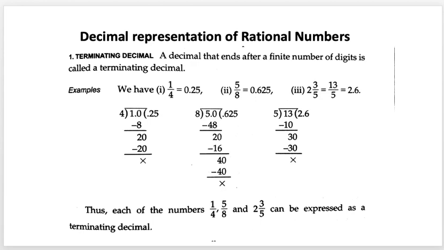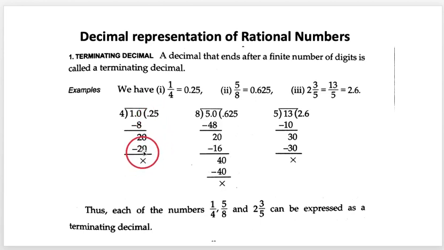Now, decimal representation of rational numbers. Number 1, terminating decimal. A decimal that ends after a finite number of digits is called a terminating decimal. For example, 1 by 4, if we divide, then what do we get? The answer is 0.25.